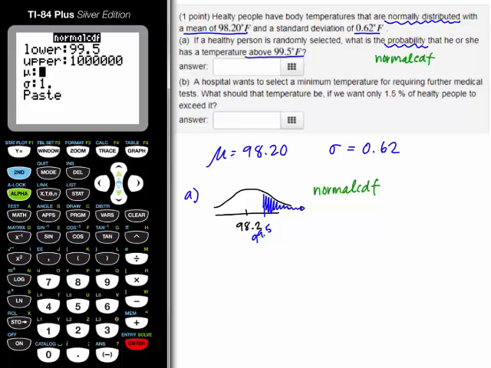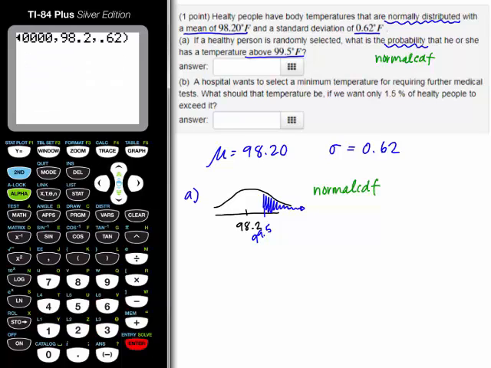The mean of this distribution, as we identified, is 98.2, and the standard deviation 0.62. Paste that in there. That's normal CDF, minimum temperature 99.5, maximum temperature 10,000 or more, mean 98.2, standard deviation 0.62.